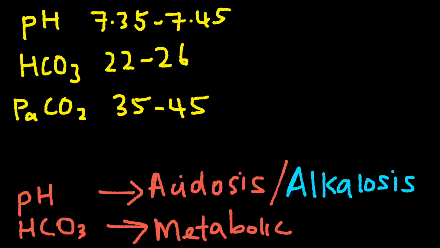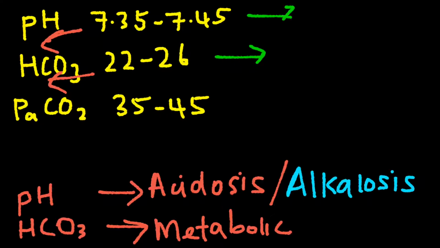Anything above 7.45 for pH and 26 for HCO3 is alkaline. Anything lower than 7.35 or 22 for HCO3 is acidic, whereas for PaCO2, anything more than 45 is acidic, and anything less than 35 is alkaline.